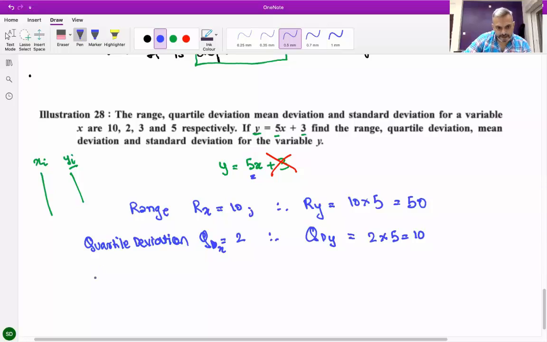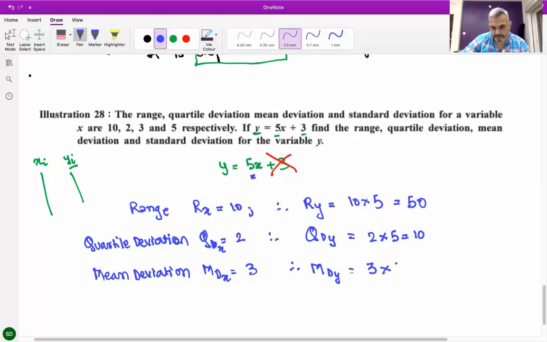Then mean deviation of x is equal to 3. Therefore, mean deviation of y is equal to mean deviation of x into 5, which is equal to 15.